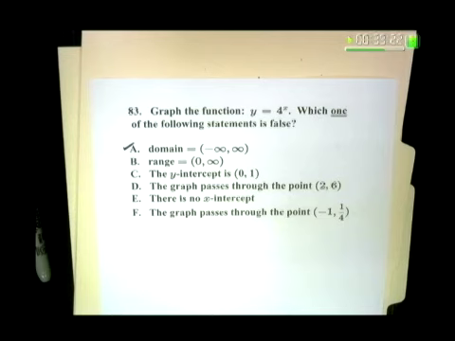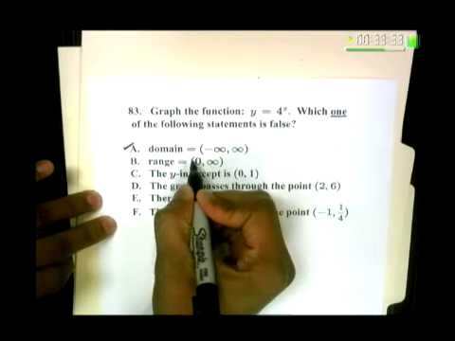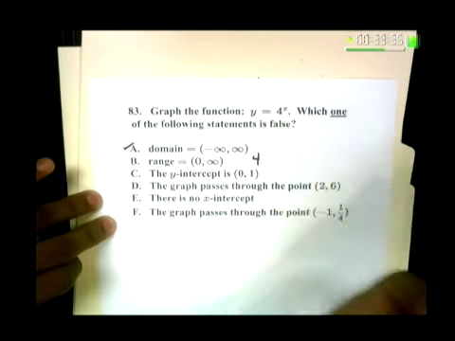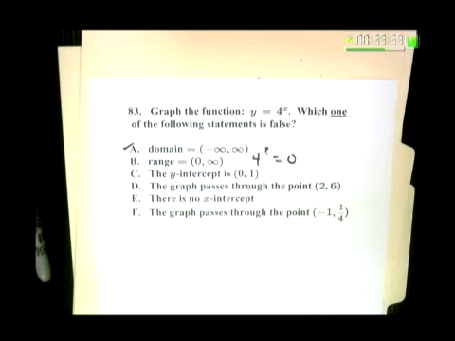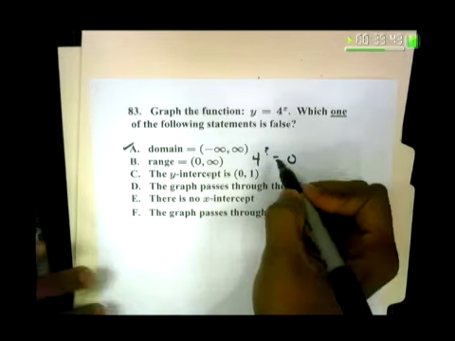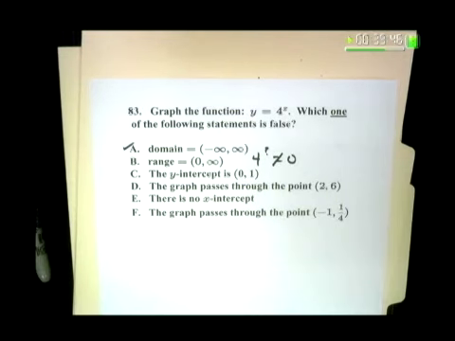I can't raise 4 to any value that would then give me a negative value, right? So the output, or the y, is always going to be positive. It's not going to be 0, because basically this is saying, 4 to what power will give me 0? There is no exponent. What about 4 to the power of 0? 4 to the power of 0 is 1.